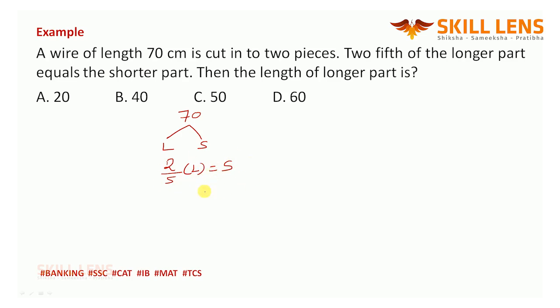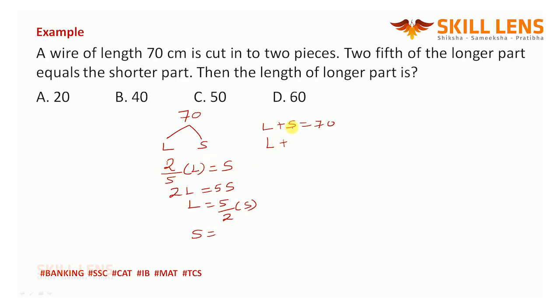Guys, if you closely solve this, you can write longer part plus shorter part equals 70. 2L equals 5 times the shorter part, so L is equal to 5 by 2 of S. The shorter part is going to be 2/5 of the longer part.